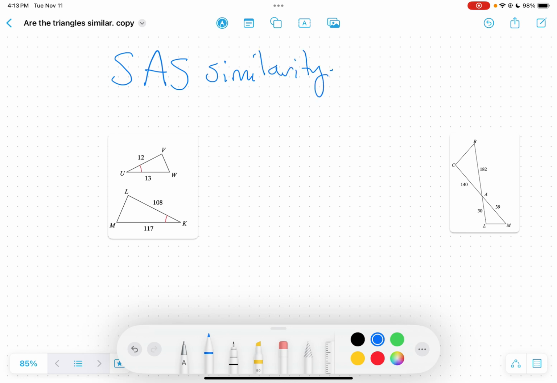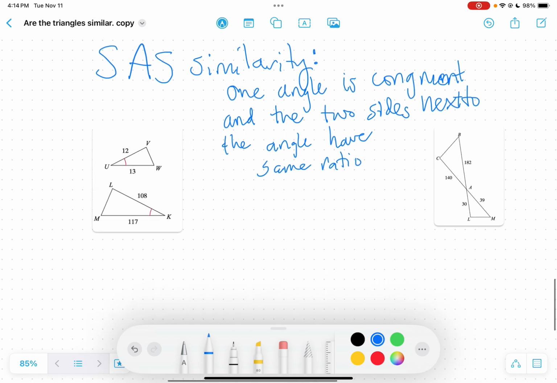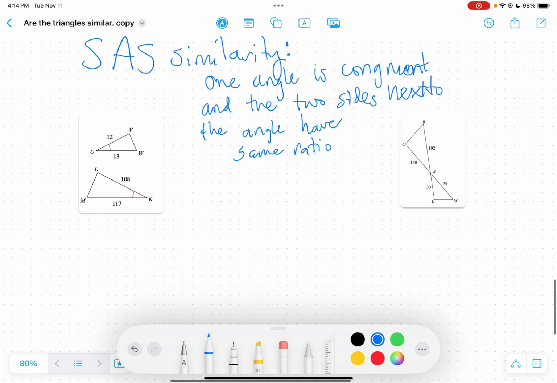And so that's when one angle is congruent and the two sides next to that angle have the same ratio. So it's kind of a mix of the two ways. And we're just going to do two examples just so you can see how that would work.